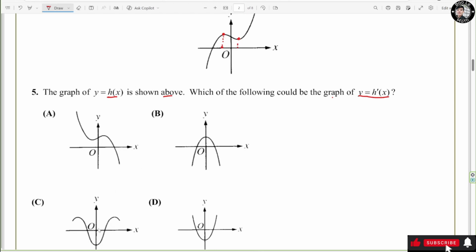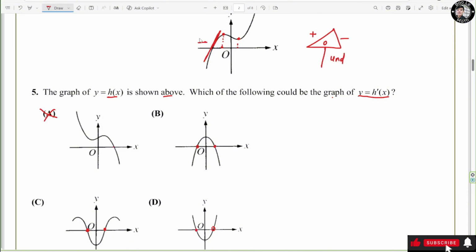Now we look at the answer choice right here. We see that 1, 2, 0, 1, 2, 0, and 1, 2, 0. This one only has 1 zero right here, so this one is wrong, right? Now next one, we draw the tangent line right here. So we see that the tangent line goes in this way, which means the slope is positive, right? Remember the Christmas tree trick: positive, negative, 0, undefined, right?